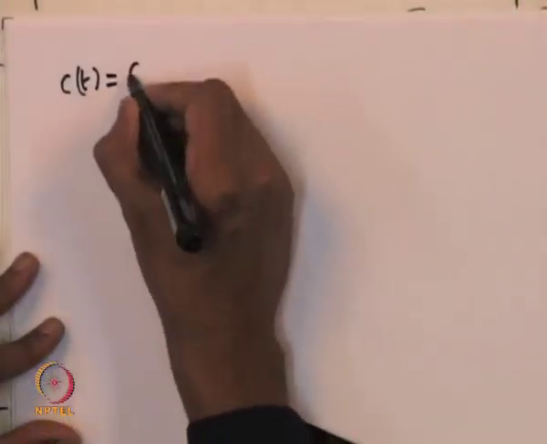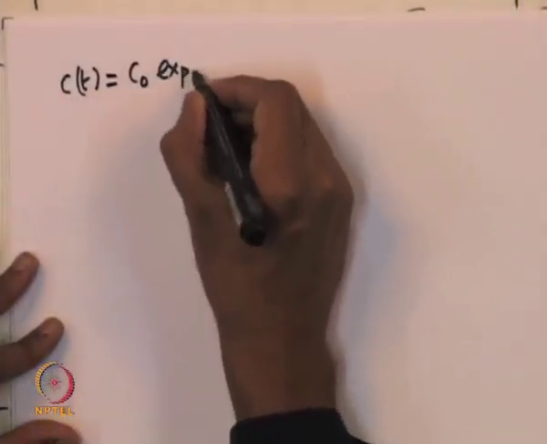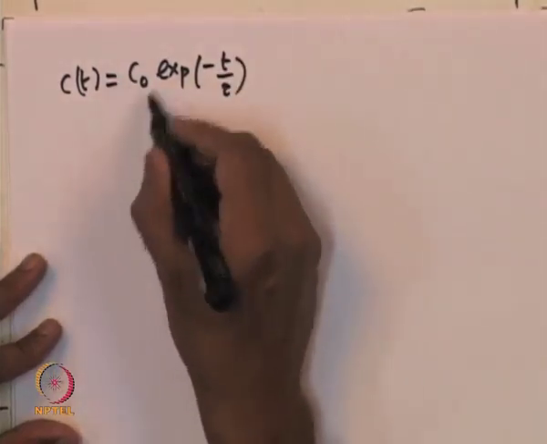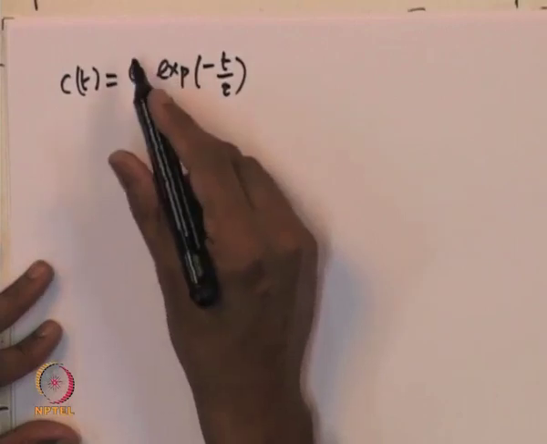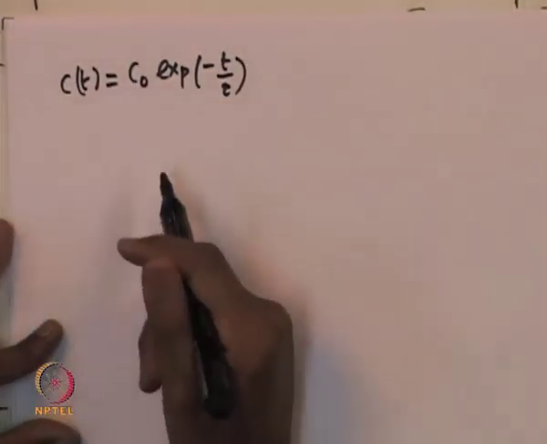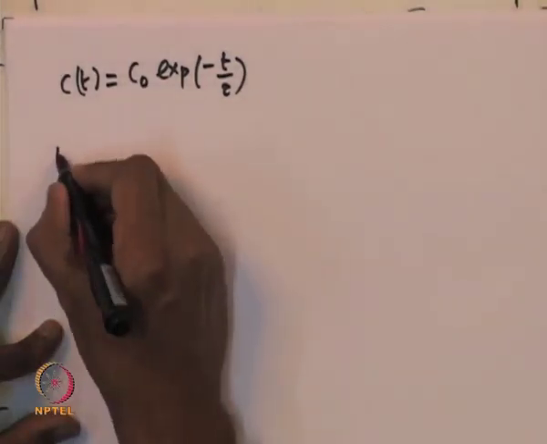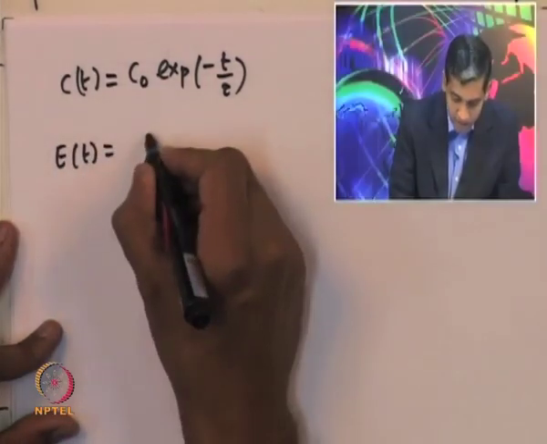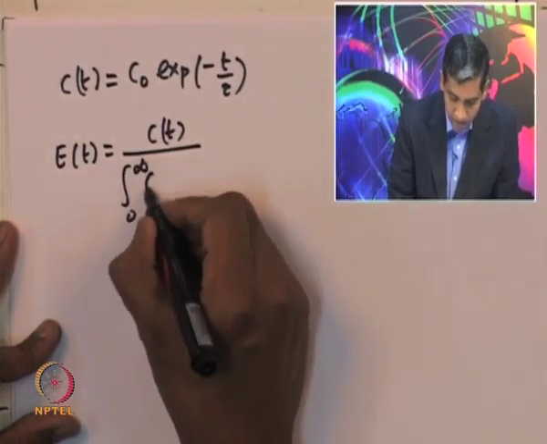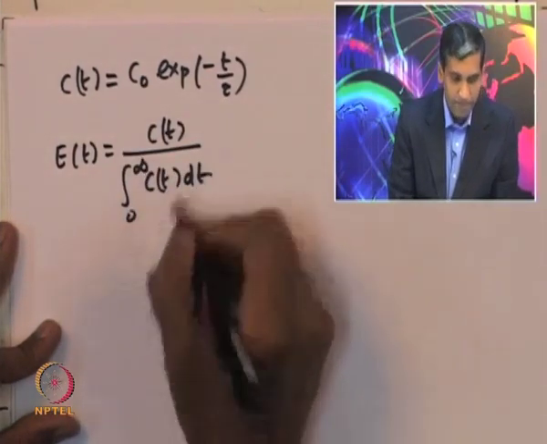So, now one can integrate this expression to find that C of t is equal to C naught times exponential of minus t by tau, where C naught is the initial pulse tracer concentration of the tracer that is fed as a pulse, and from this we can find that E of t is given by C of t divided by integral 0 to infinity C of t dt.